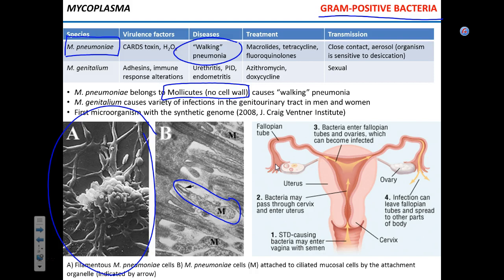Another member of that same genus is Mycoplasma genitalium. It's a sexually transmitted infection that causes mycoplasmosis, and I'm going to introduce the usual complications of an STD. So in males, what happens when a male gets an STD?